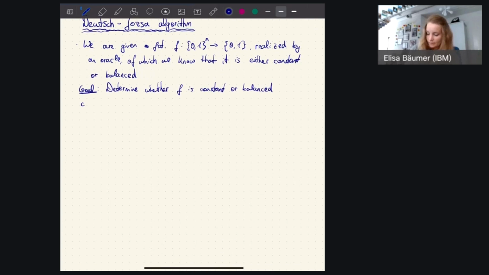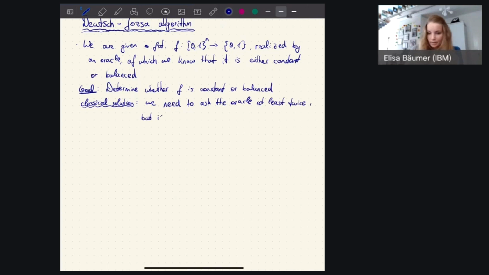Now, if I classically would try to solve that problem, obviously, if I just ask the oracle once, I just give one input and I get a 1, I have no idea whether the oracle is actually constant or balanced. I need to ask it at least twice. And as soon as I get two different outputs, I know it definitely is balanced, because it's clearly not constant.